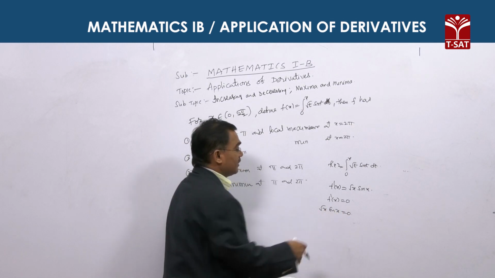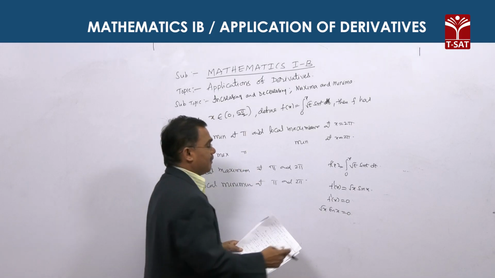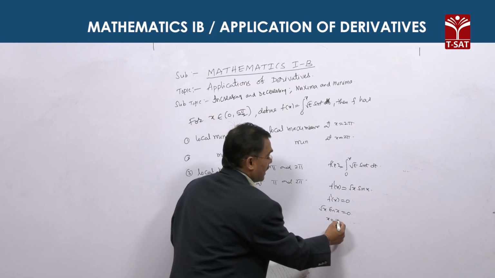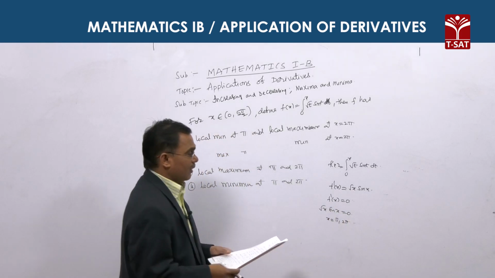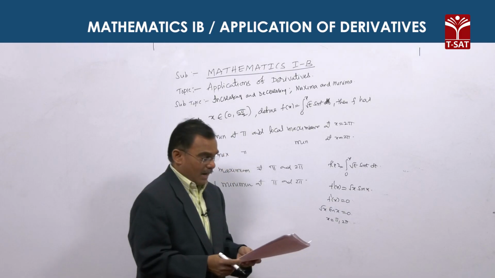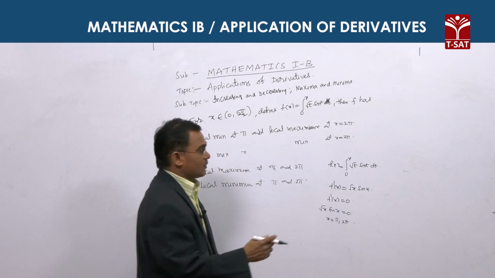Only sin x = 0 gives x = π, 2π. Therefore the function has a minimum or maximum at π and 2π.